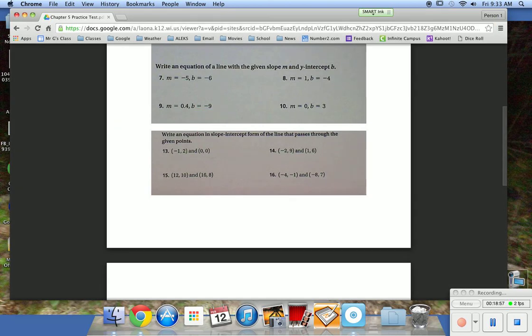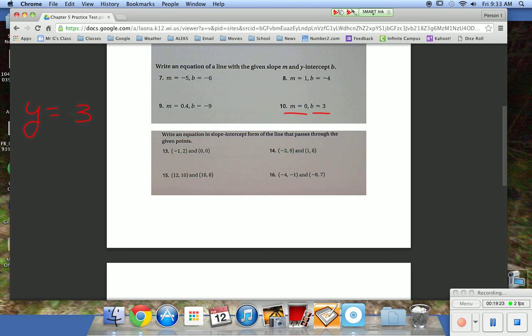Ethan. We got m equals 0, b equals 3. What's my equation? Y equals 3. Is that right? Is it right?